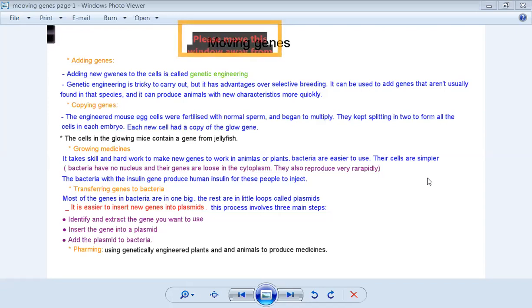I'm going to show you a video about this: how they can use genetic engineering to add new characteristics to animals that they don't naturally have. Some of them can glow, like glowing cats and glowing rats.